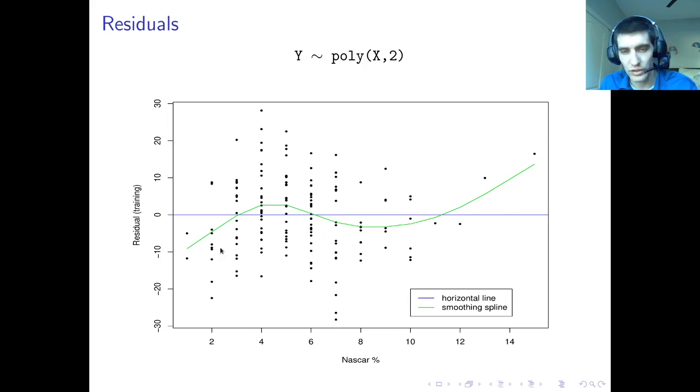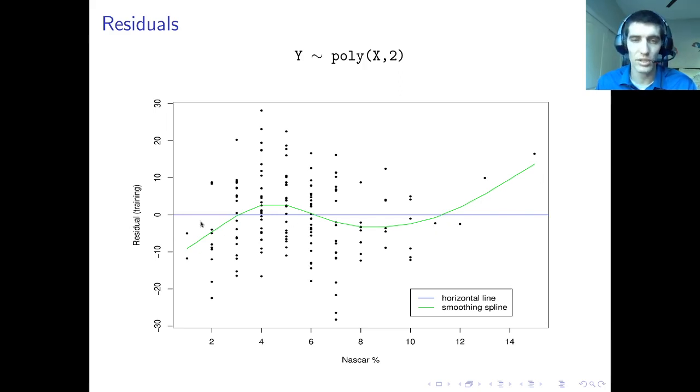Here, just for visualization, I've plotted a smoothing spline. We'll talk about what a smoothing spline is in a few slides, but basically it's a non-parametric way to put a curve through a bunch of points. We've talked about what parametric and non-parametric mean. So basically this is tracking approximately the center of the points as we increase x.